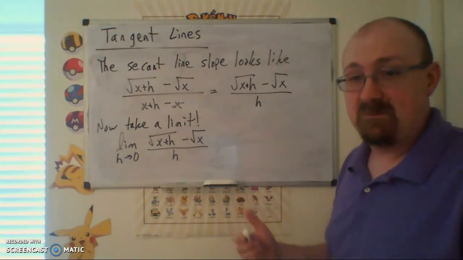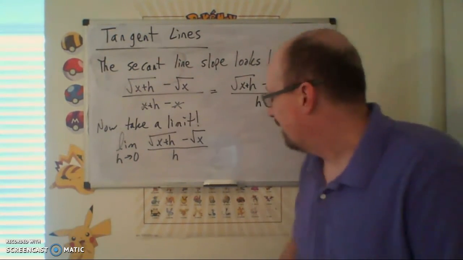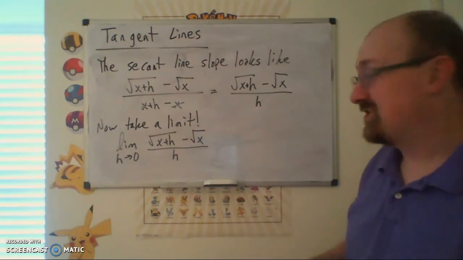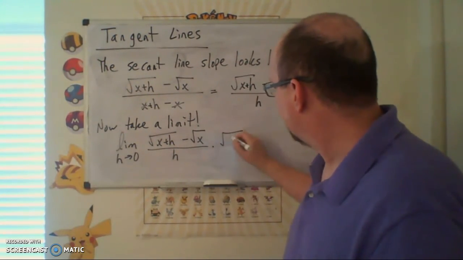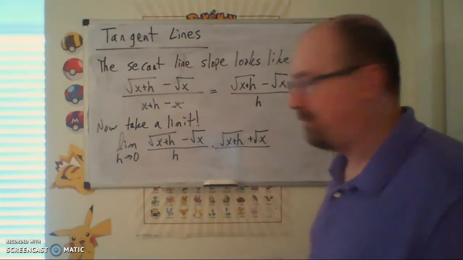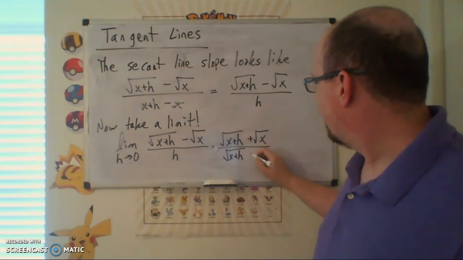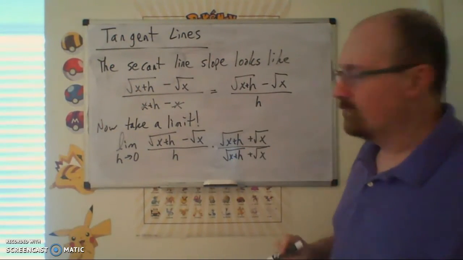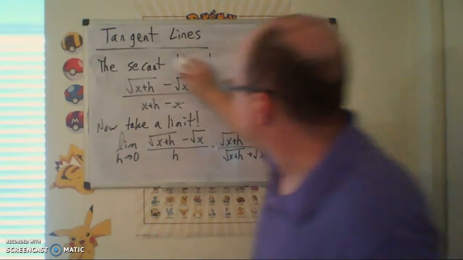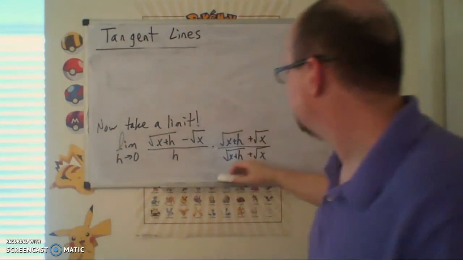The good news is we just spent an entire chapter building up ways to deal with things like this. In this instance, hopefully this rings a bell, we need to rationalize the numerator. So we multiply by the square root of x plus h plus the square root of x up top. Whatever we do to the top, we have to do to the bottom.